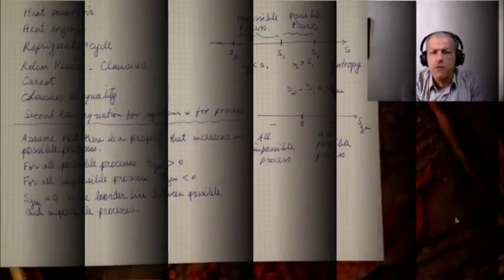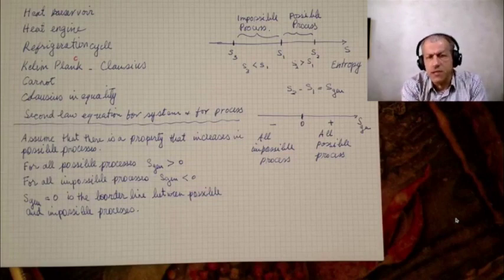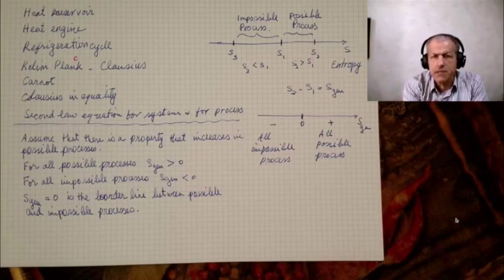So we defined entropy as a property that should increase if a process is possible.